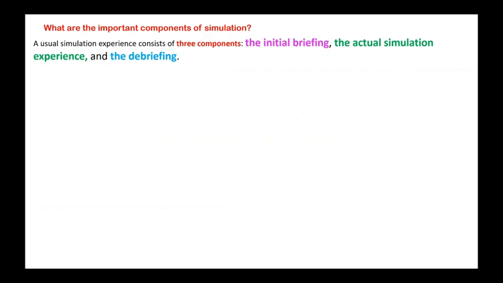After completing the management part, they will go back to review what happened: whether your first diagnosis is right, whether the treatment you have given is all right, whether you have followed all the steps correctly or made any mistakes. That is called the debrief. So these are the 3 important steps of simulation: initial briefing, actual experience, and then the debriefing.